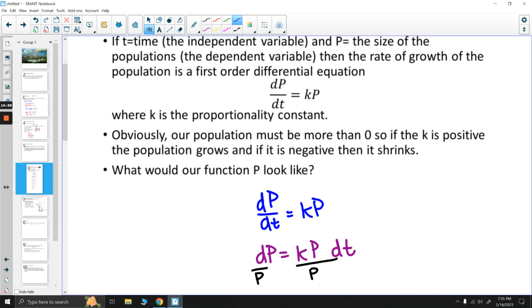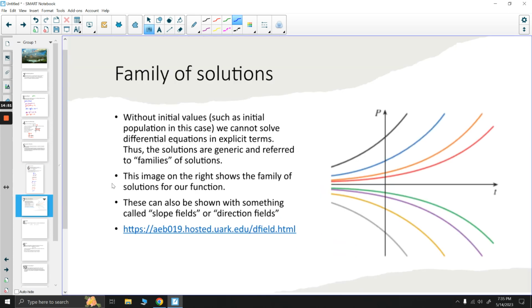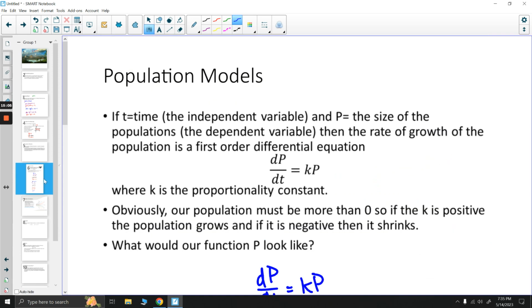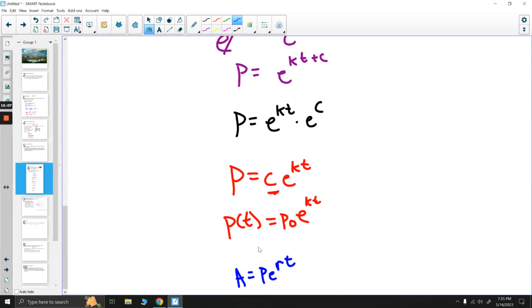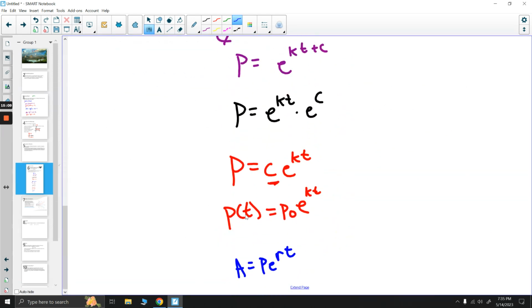All right, so these are called a family of solutions. Basically, without some initial value, such as the initial population in this case, we can't actually solve a differential equation in what we call explicit terms. That is, we'll have some C. In the previous one, we had P of t equal to P sub naught, or some C, some constant.